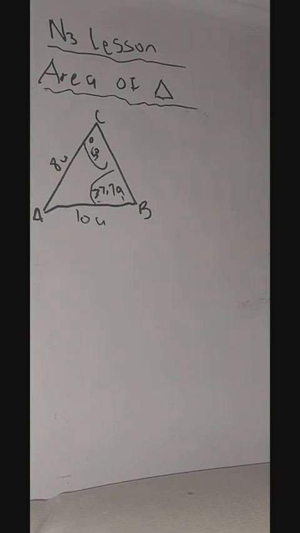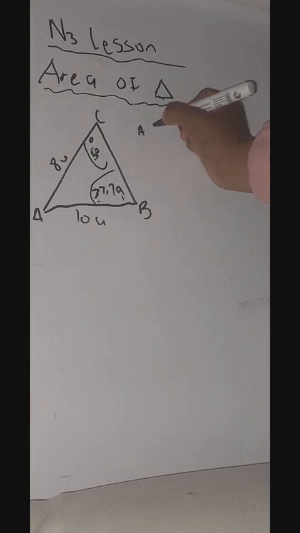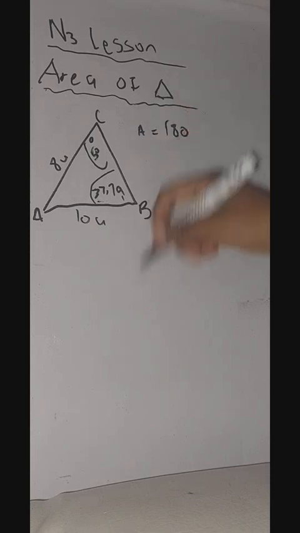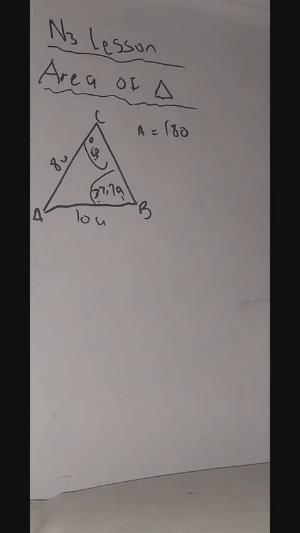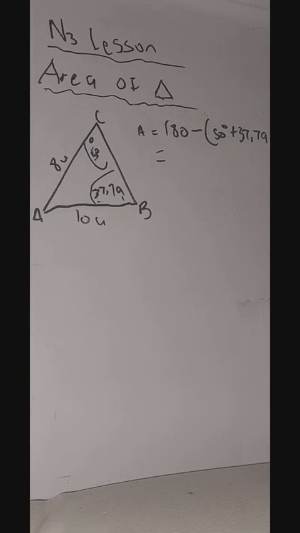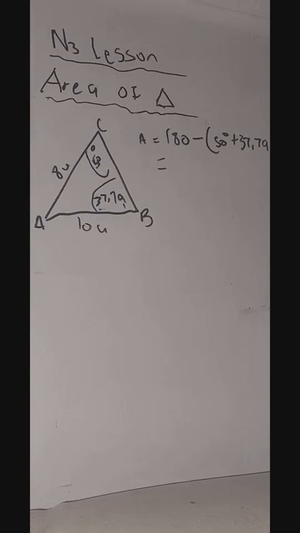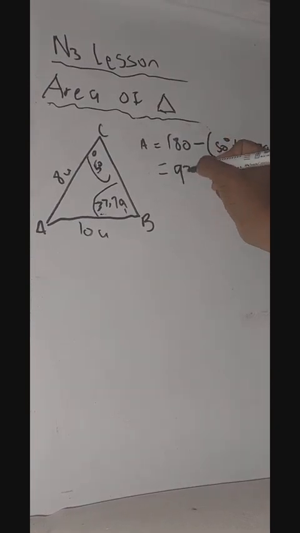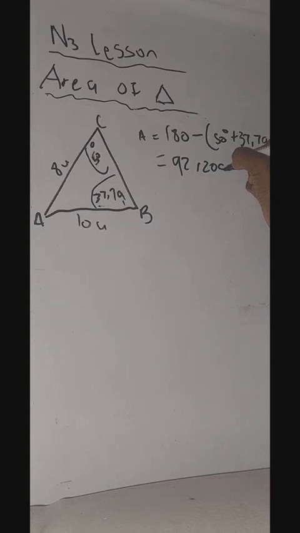And we can solve for angle A. Angle A is going to be 180. Remember, angles in a triangle add up to 180. So 180 minus 50 degrees plus 37.79. Let's do 180 minus that, and I get my answer to be 92.205.